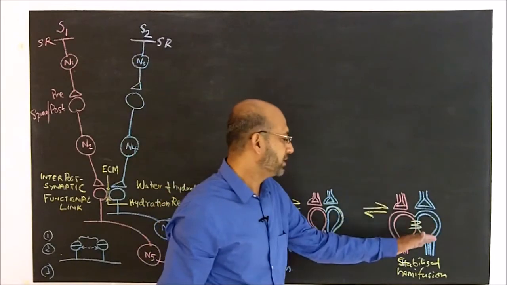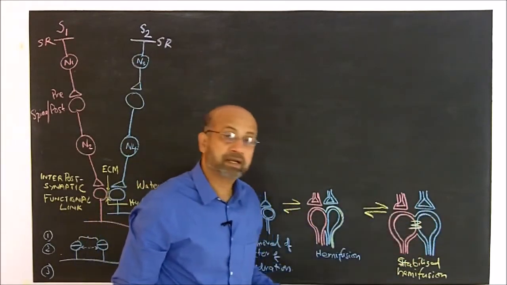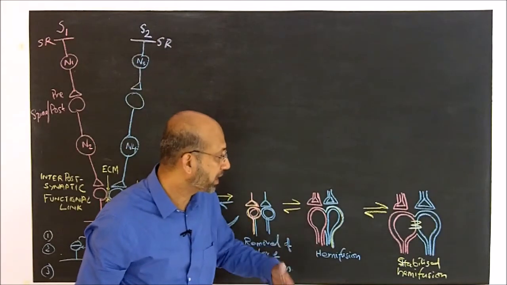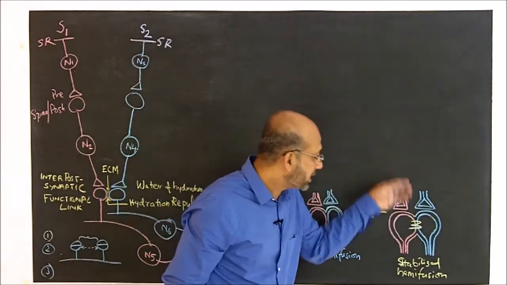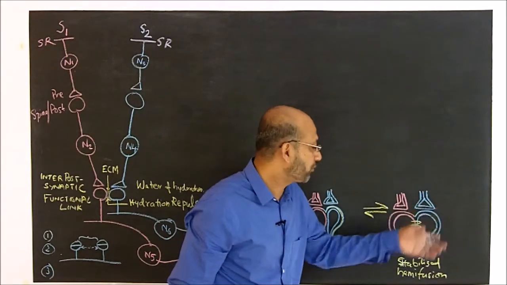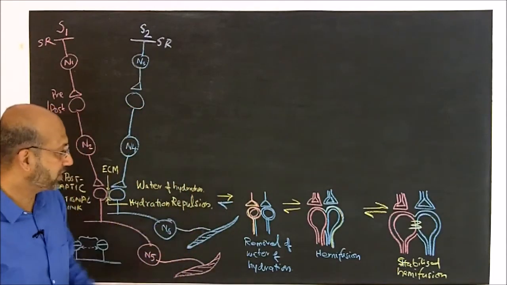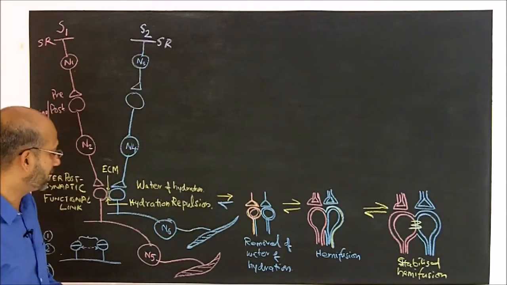If it can last for a long period of time, this can explain long-term memory, provided the reactivation of this interpostsynaptic functional link can induce virtual first-person inner sensation of the second stimulus. So we are going to see that mechanism in a few minutes.